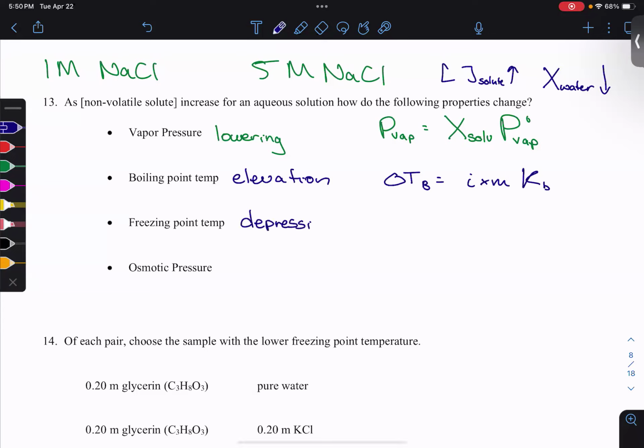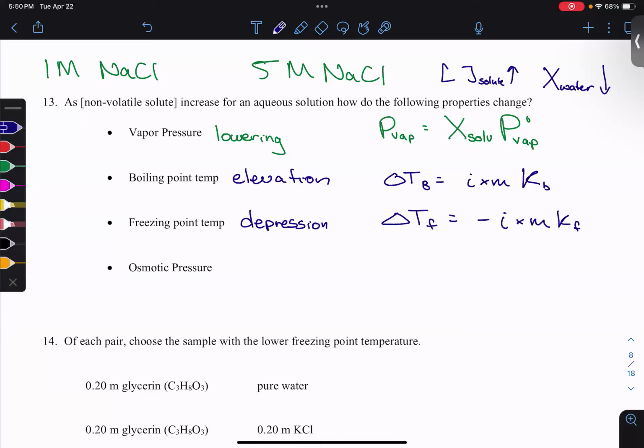So as things become more concentrated, freezing point temperature goes down. So delta TF, I don't want you to get tripped up on this negative sign. The negative sign is just there to remind you the temperature needs to go down, right? That's all it's there for. So it's just negative i times m times KF.